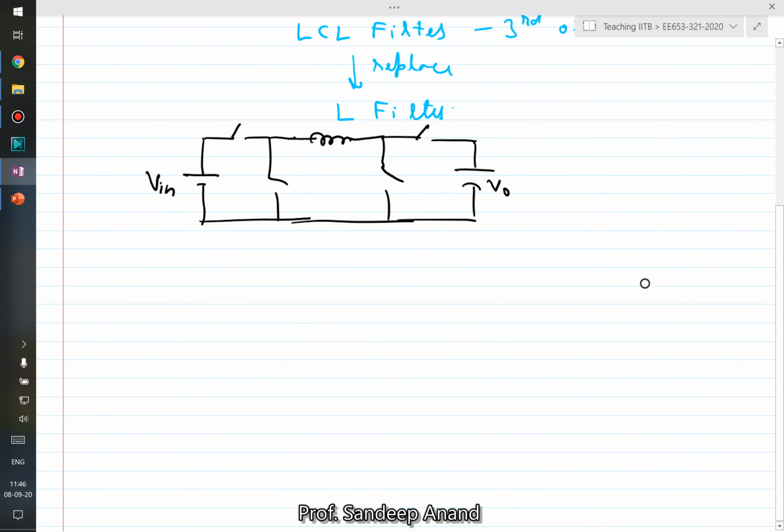Further, I can just draw the same circuit looking a little bit different. It's the same circuit.